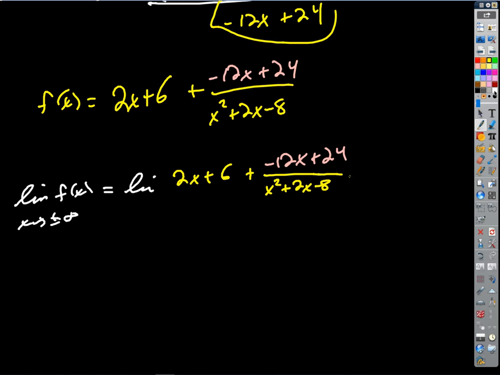I'm taking the limit of that whole thing, right? So that part looks fine. This is just another rational function, isn't it? Yep. Right? Now, this is a rational function.